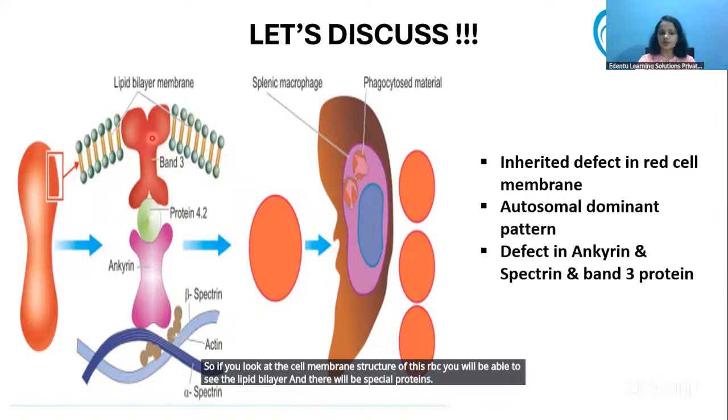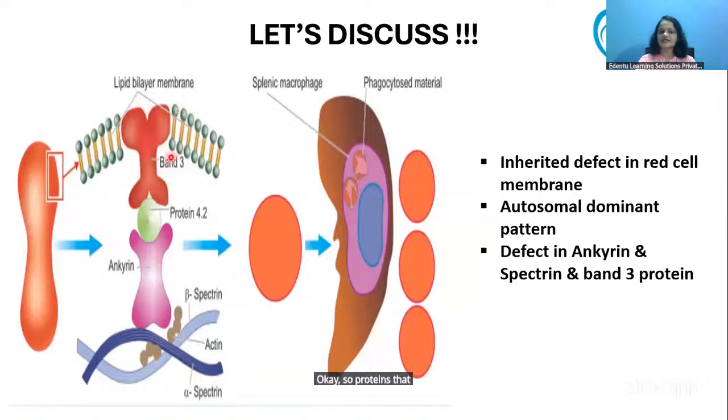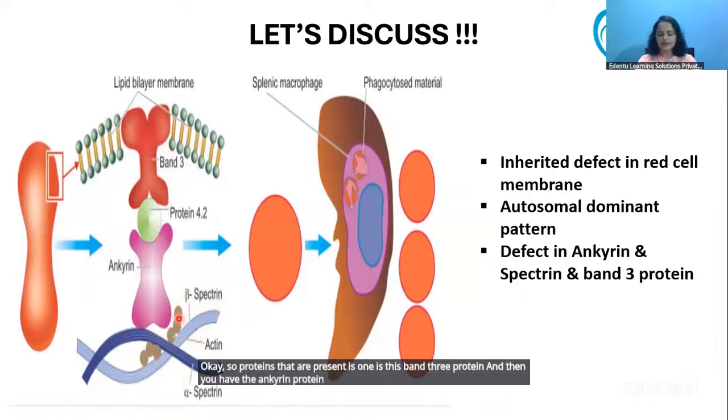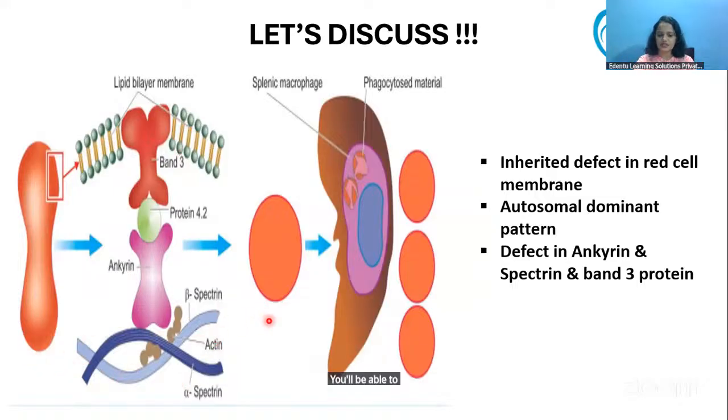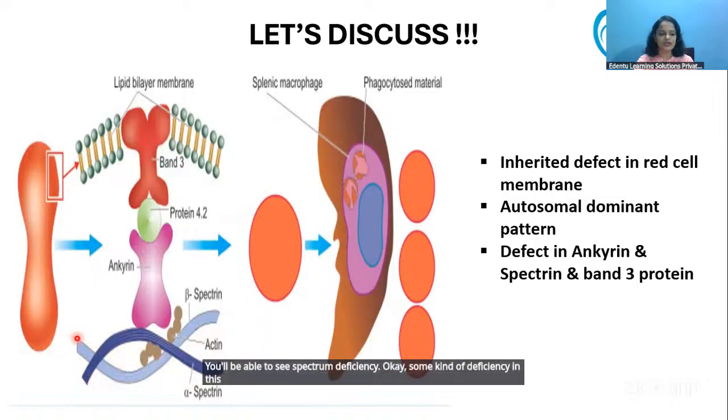One is the band 3 protein, then you have the ankyrin protein, and at the underlying area you will have the spectrin. In most cases of hereditary spherocytosis, you'll see spectrin deficiency. Some kind of deficiency in this spectrin protein will definitely be there.